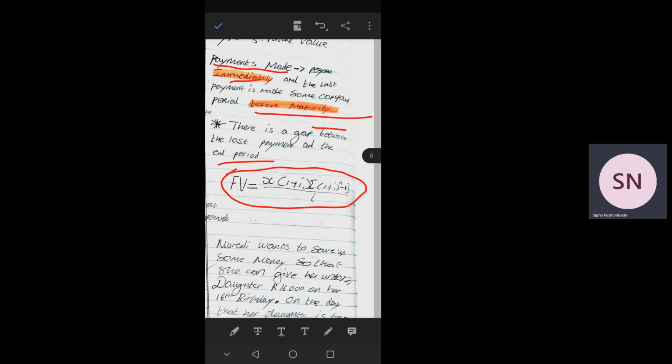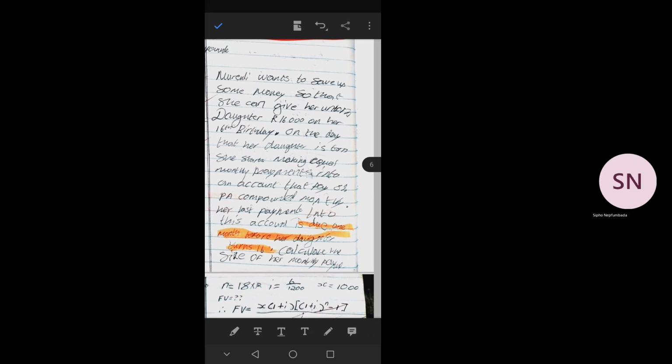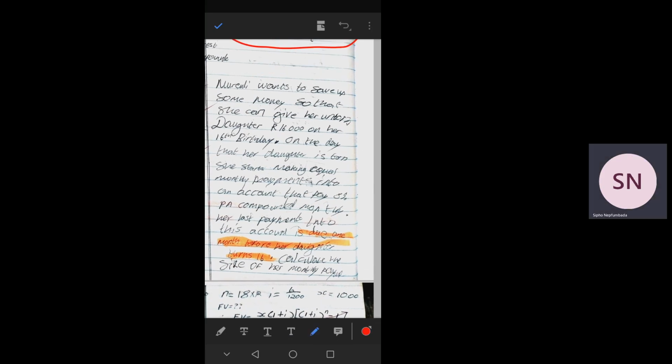So let's see an example. Murendi wants to save up some money so that she can give her unborn daughter 16,000 on her 16th birthday. On the day that her daughter is born, she starts making equal monthly payments into an account that pays 8% per annum compounded monthly.